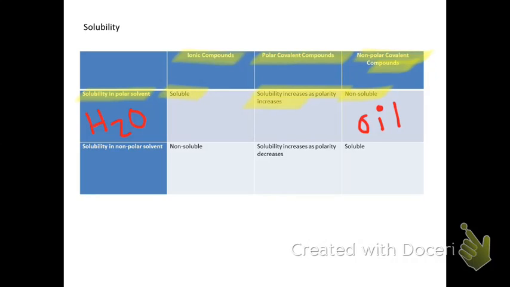Okay? But you flip this idea and you get a nonpolar solvent. Well, a nonpolar solvent could be oil itself. And so polar or ionic compounds are not going to be soluble, but a nonpolar compound will be soluble in oil, such as methane, CH4.